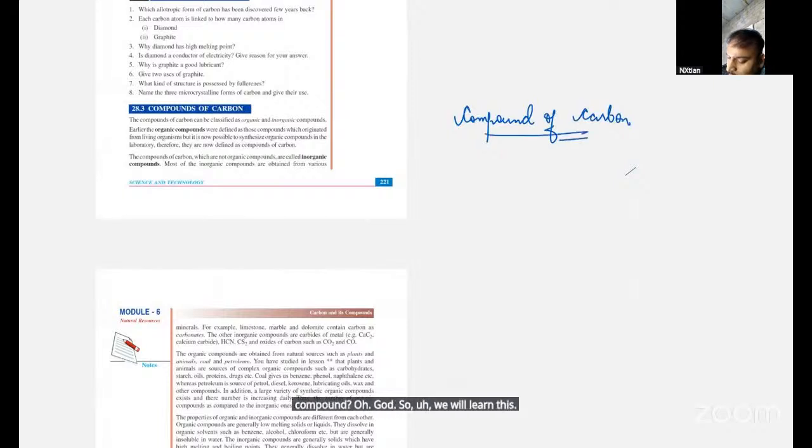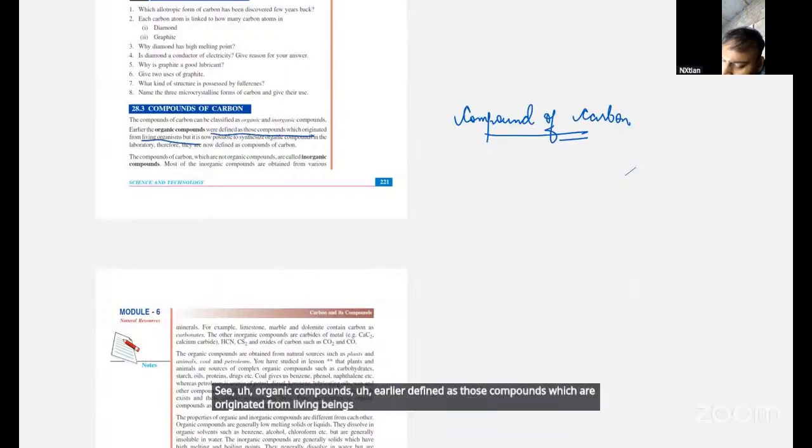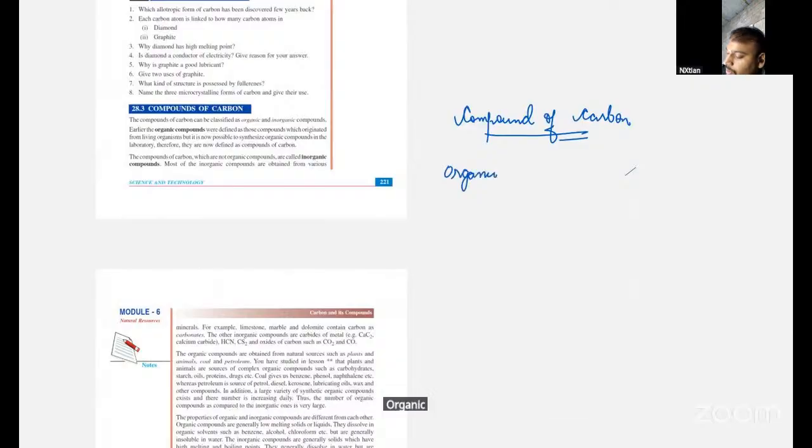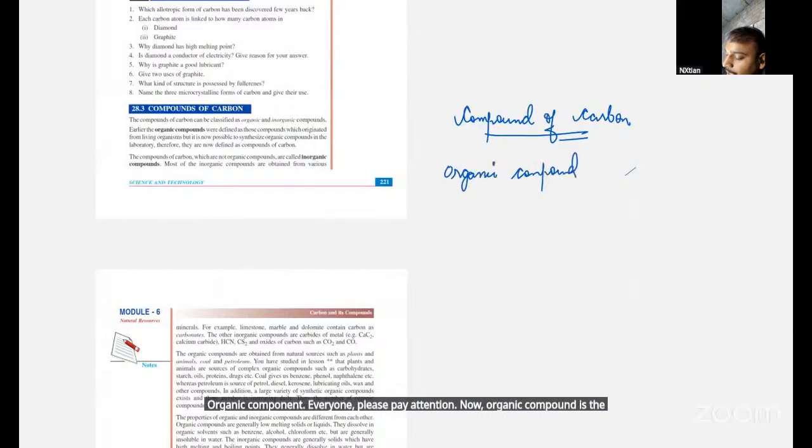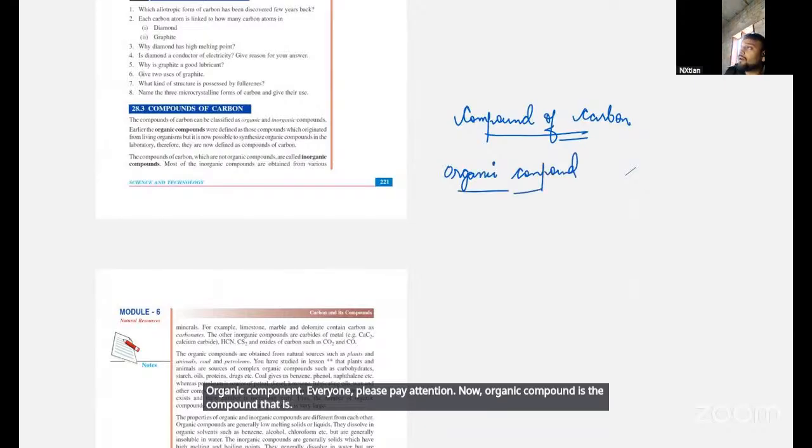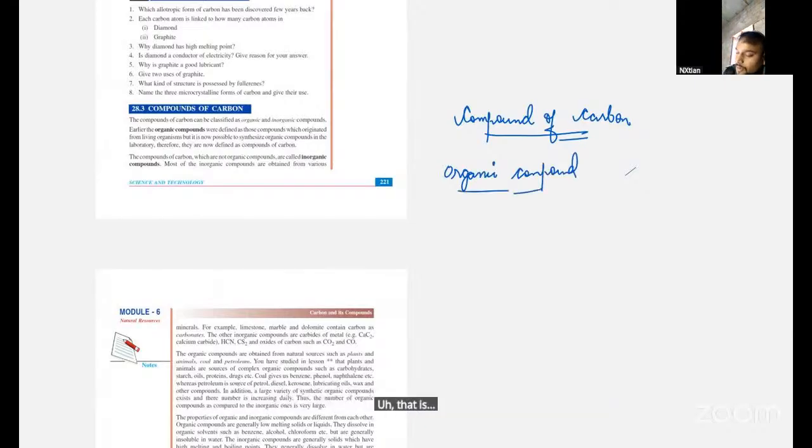See, organic compounds, earlier, were defined as those compounds which originated from living beings, but now it is possible to synthesize them. First of all, we'll learn about the organic compound. Everyone, please pay attention. Organic compounds are those that originate from living beings.